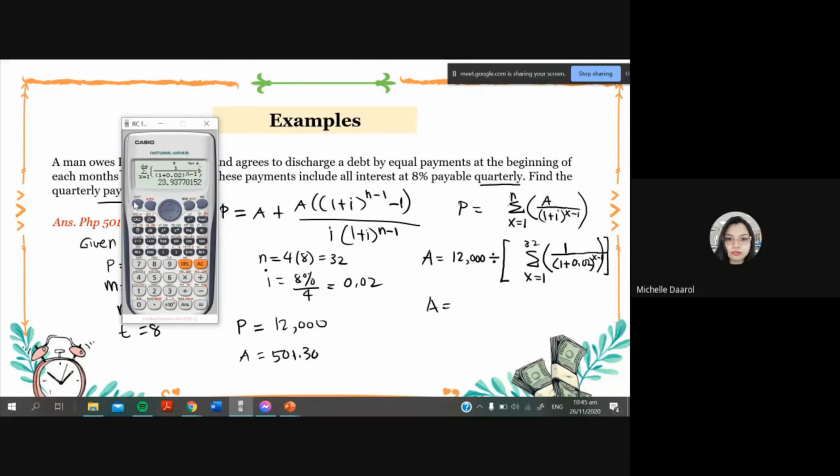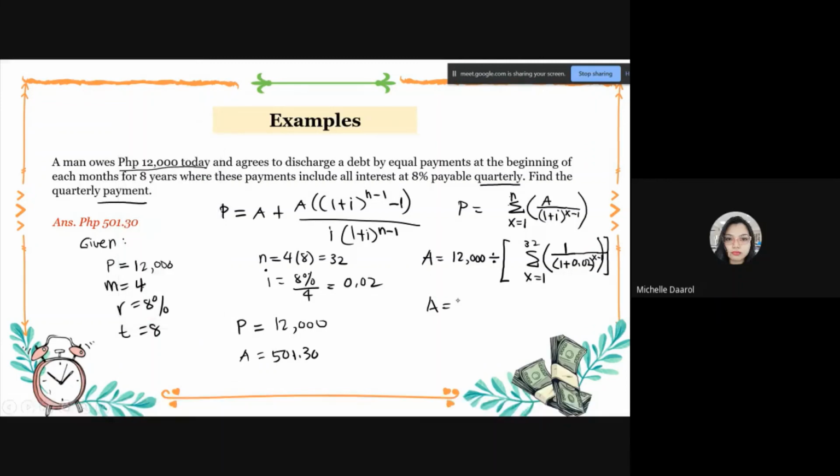Store lang sa answer. So, 12,000 divided by this one. So, 501.30. Okay, so same answer lang. Alright, now let's go to the next example.